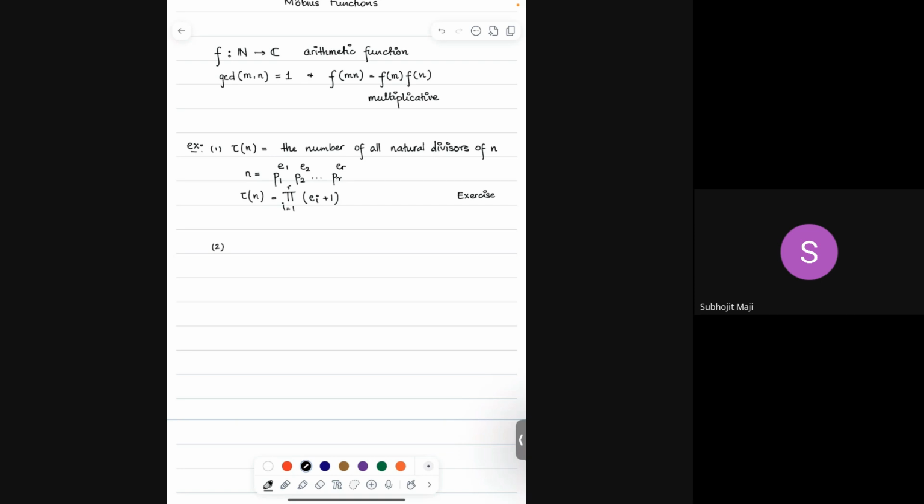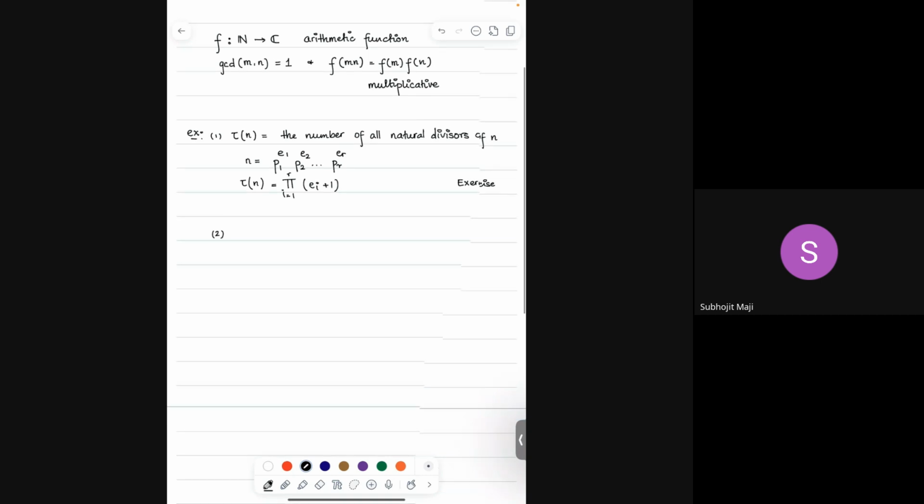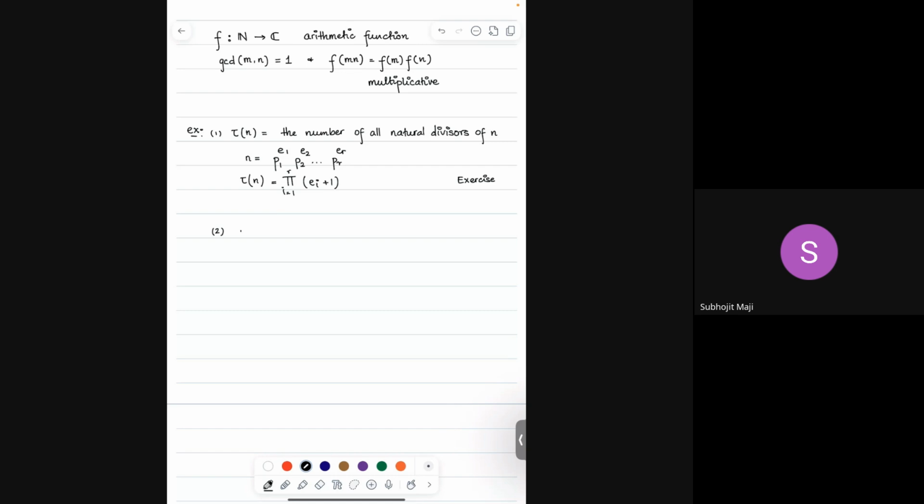The second example that I want to give is sigma n. So what is sigma n? Sigma n is the sum of all the natural divisors of n.